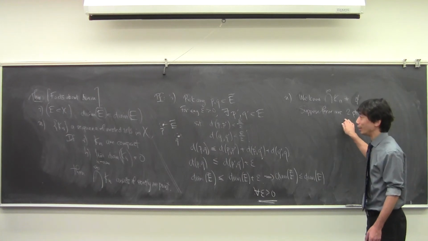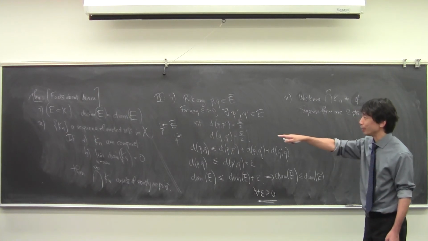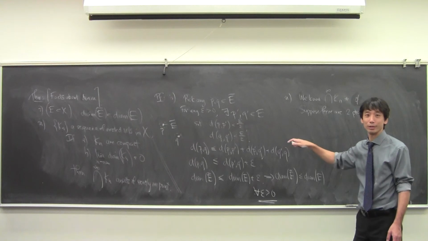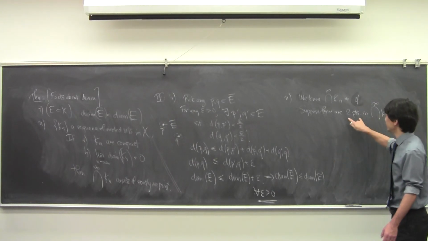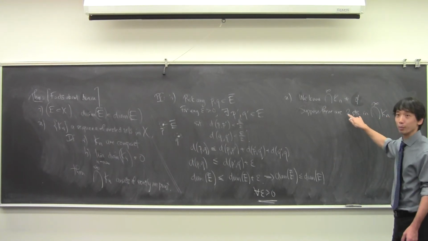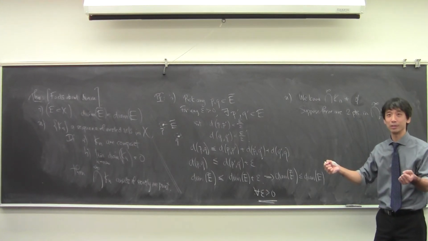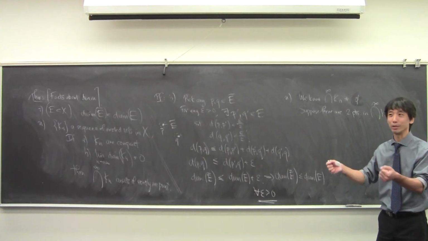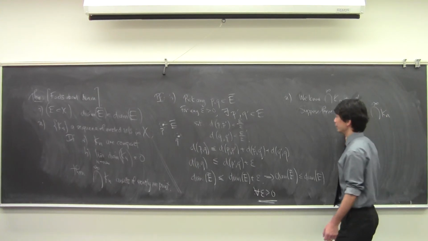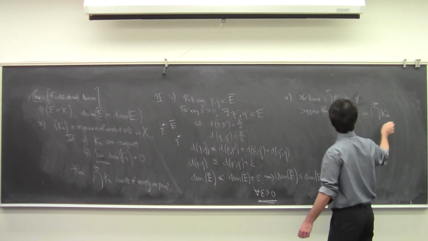Yeah, right. If this were the case, then there's no way that our diameter could go down to 0, right? Because every one of the K_n would contain these 2 different points, so the diameter would be bigger than or equal to this distance. Okay. So that's a contradiction.